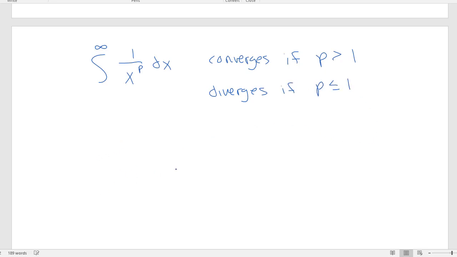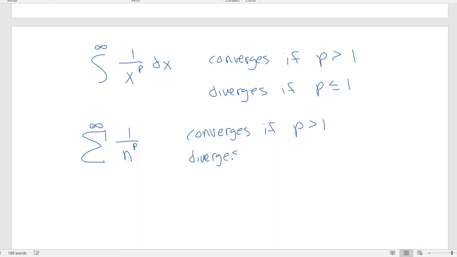Now, what we're going to do is connect to the infinite series. I could very easily, with the integral test, show that the series of 1 over n to the p is going to converge if p is greater than 1, and it's going to diverge if p is less than or equal to 1. In the beginning of this conversation and back in 11.2, we looked at the series 1 over n cubed, and the series 1 over n.